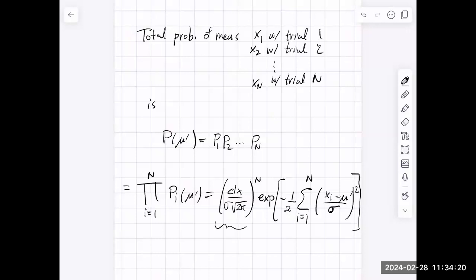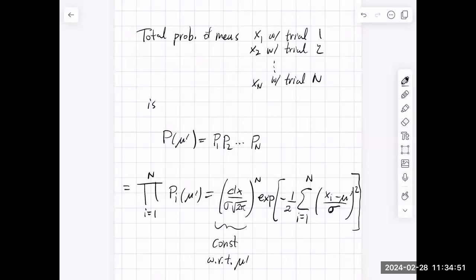Okay, so what are we going to do with this? First of all, we'll identify that this thing is just a constant with respect to mu prime. We're going to try to find out some information about this mu prime. And so I don't really care about the coefficient too much because it doesn't involve mu prime. The strategy is to use what's called the method of maximum likelihood.